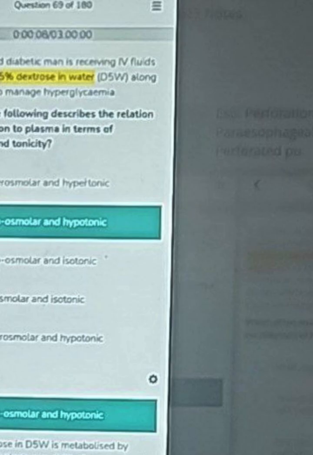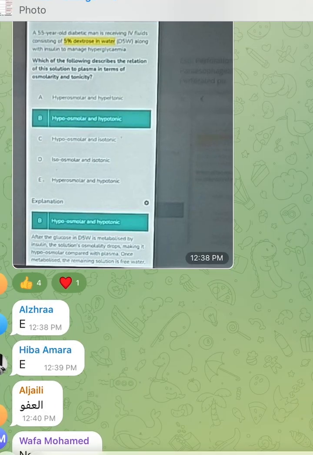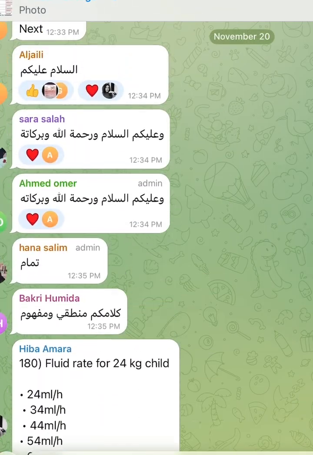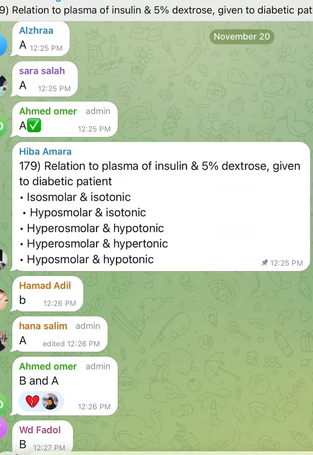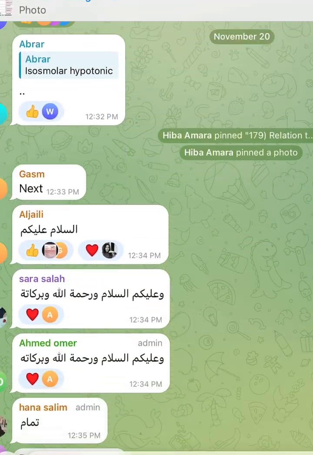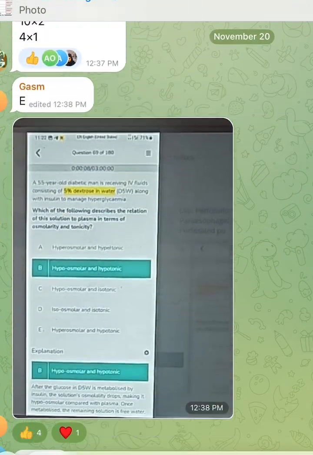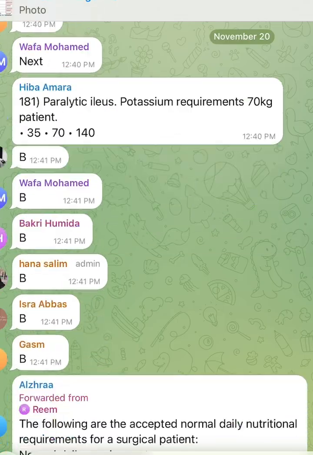So when it is given with insulin, it becomes hypoosmolar. Hypotonic. Hypotonic is definitely there. Isoosmolar is there, but when given with insulin, it becomes hypoosmolar.